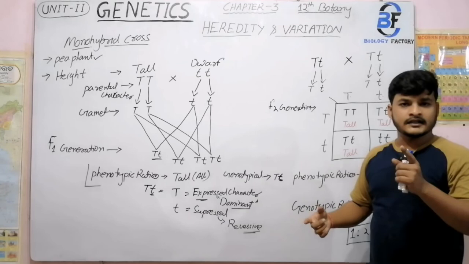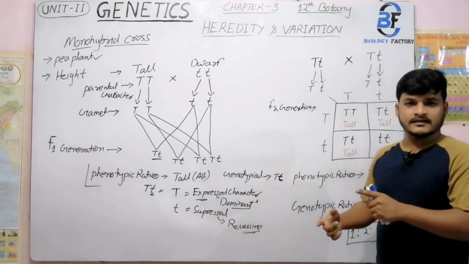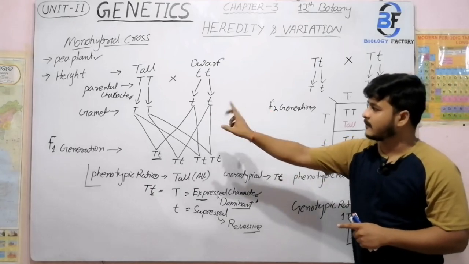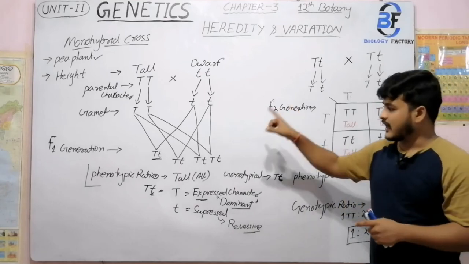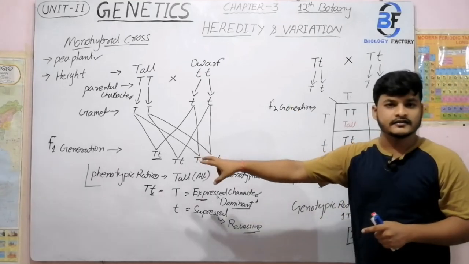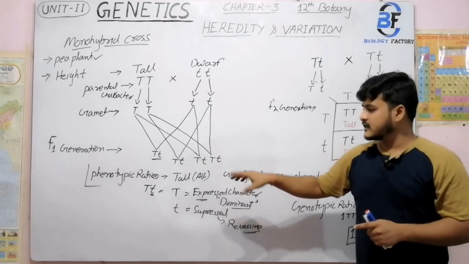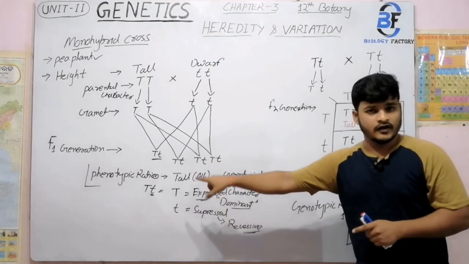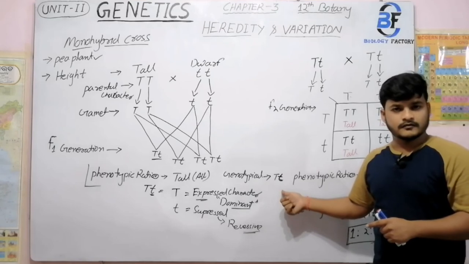As we all know, reproduction takes place after the gametes are formed. So the gametes are capital T and small t, and next the crossing takes place, and the resultant is the F1 generation, otherwise known as the first filial generation. From the F1 generation, we concluded that all the plants are tall phenotypically, and genotypically capital T and small t is formed.